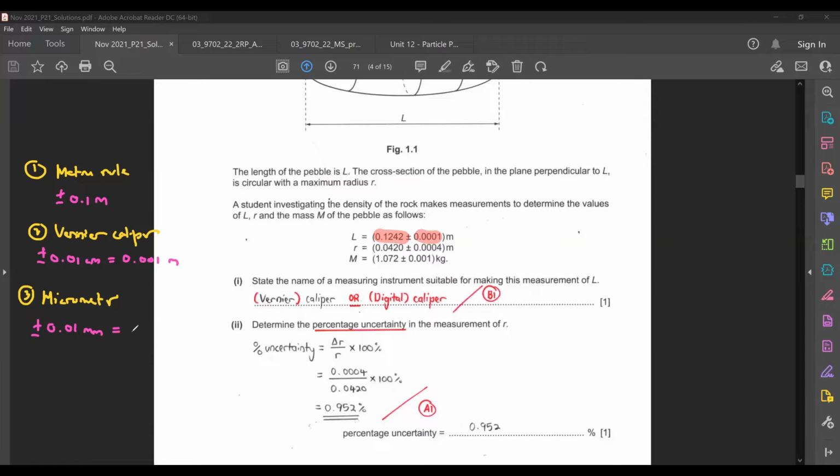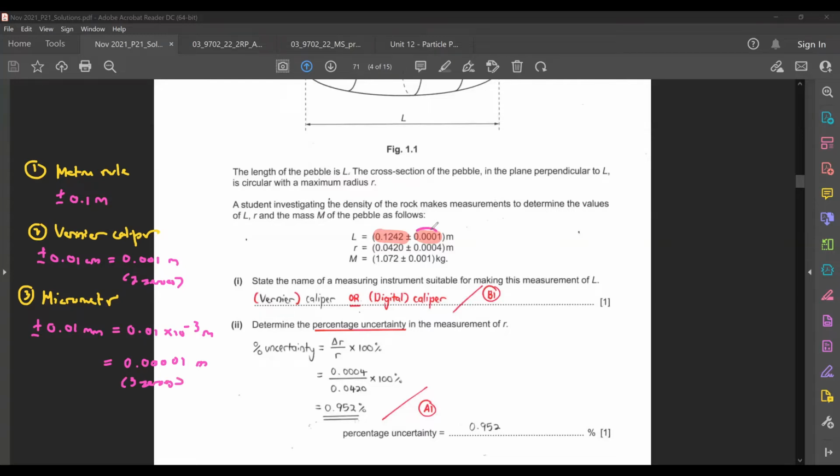You change it to meter, it will be 0.01 times 10 power minus 3 meter. It's going to give you 0.00001 meter. Okay, so this one has, you see, 2 zeros. This one has 3 zeros.